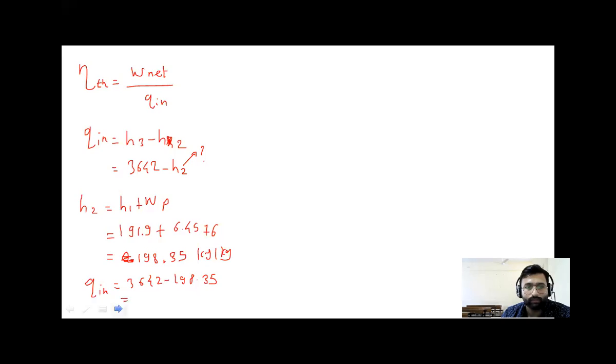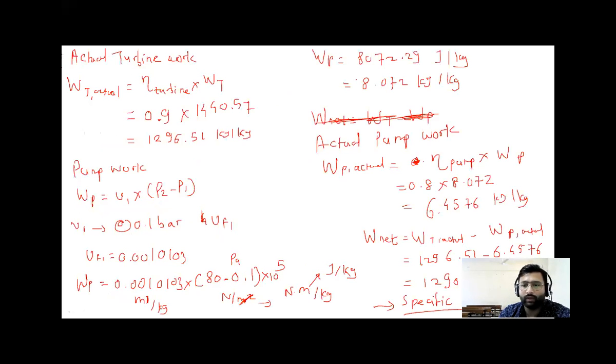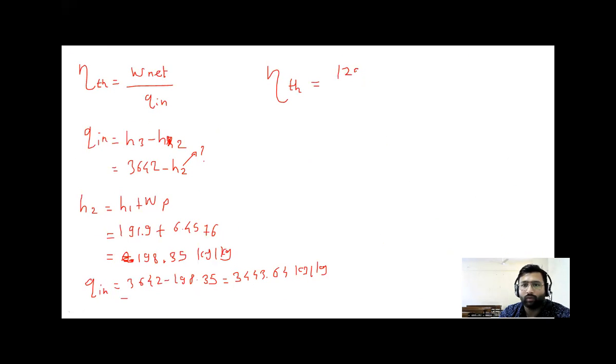Calculate Q in. It is 3443.64 kilojoule per kg. Now you calculate thermal efficiency. W net is how much? 1290.05 divided by 3443.64. Calculate.